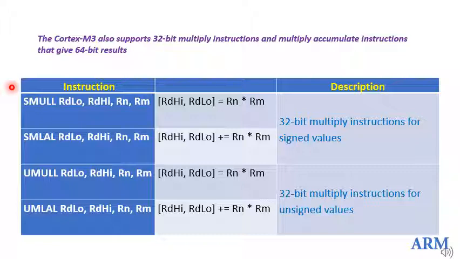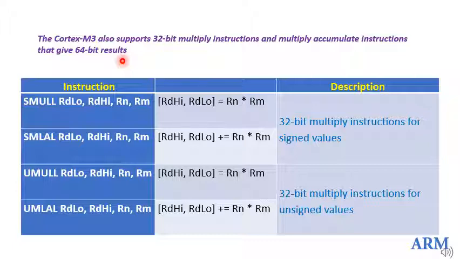But when you multiply two 32-bit numbers, you will get a 64-bit result, right? So that MUL instruction was not taking care of that. It was giving you only the 32-bit result.